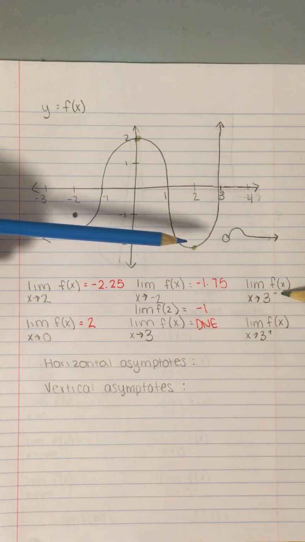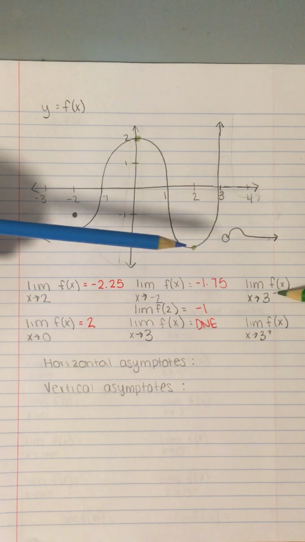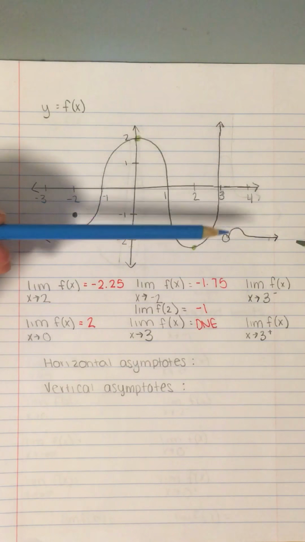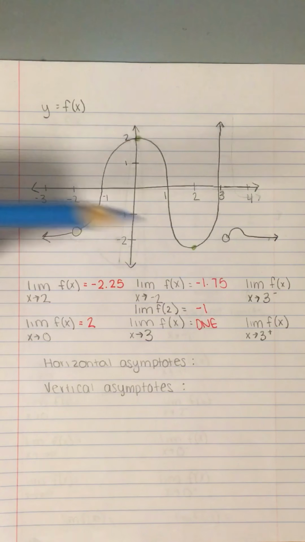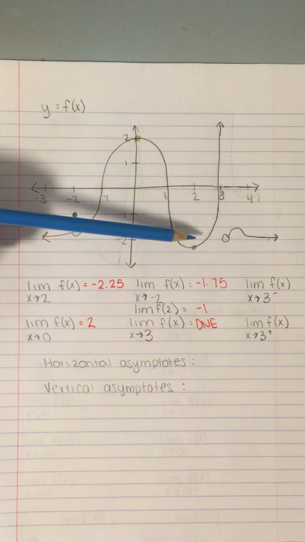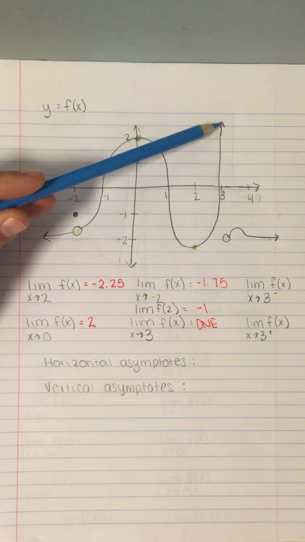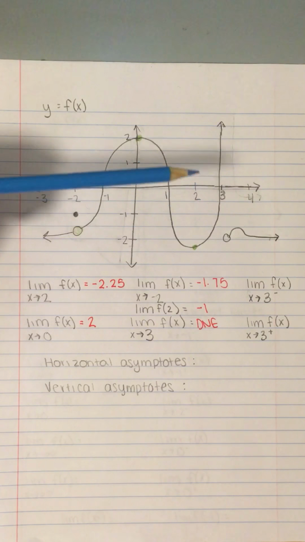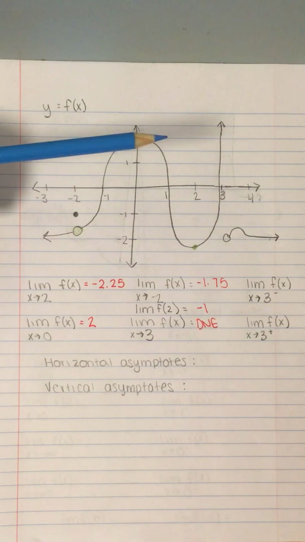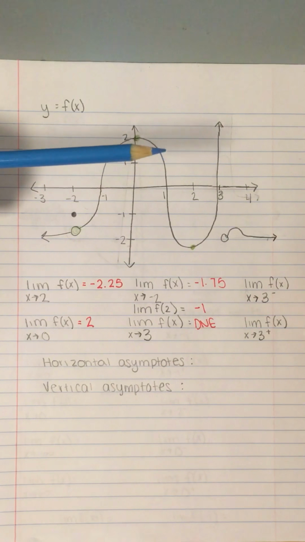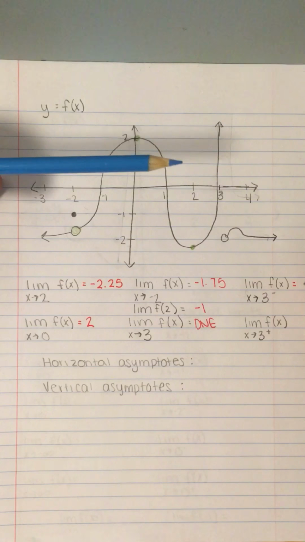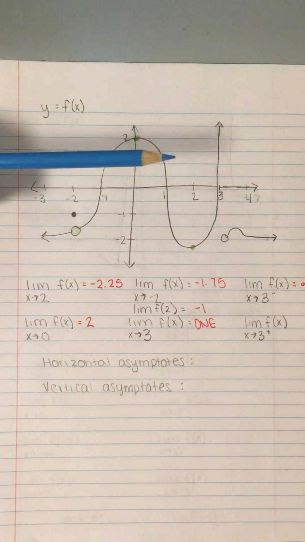The left-handed side is marked with a little negative up at the top, so it's x approaches 3 from the left side, with this little negative up here. From the left-hand side, we're only going to use our left-hand pencil, and we're going to trace all the way up, and as you can see, it continues to grow bigger and bigger as we approach 3. Therefore, the limit as x approaches 3 from the left would be positive infinity.